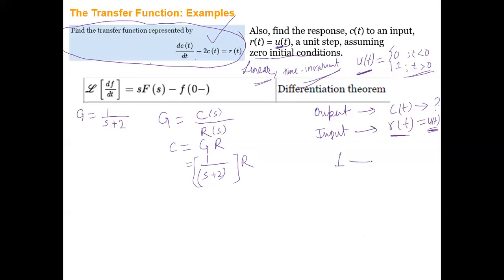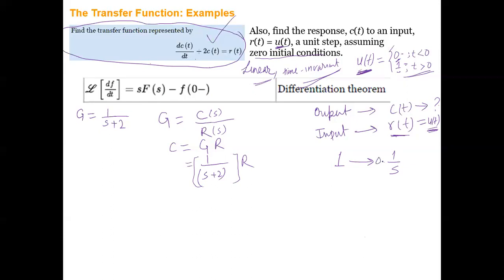Remember, the Laplace transform of 1 is 1 over s. Because u(t) is basically 1, when it is 0, the Laplace transform is 0, obviously. So when u(t) is 0, the Laplace transform is 0, and when u(t) is 1, the Laplace transform is 1 over s.